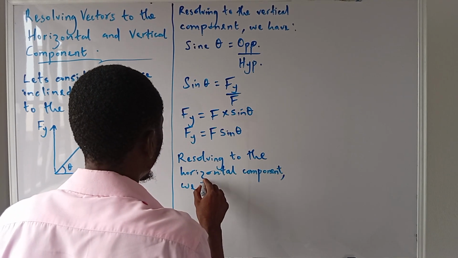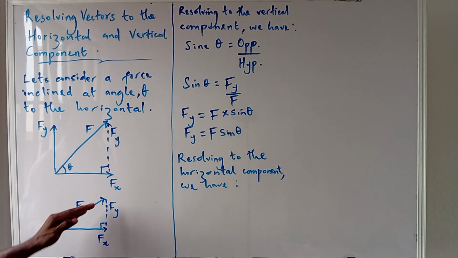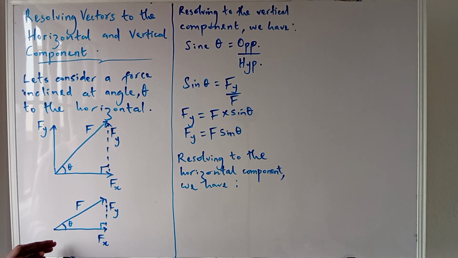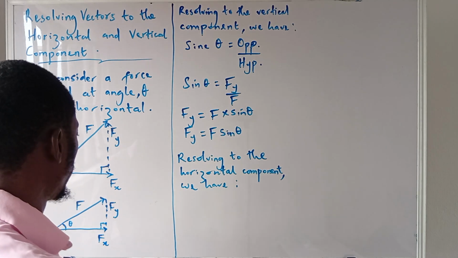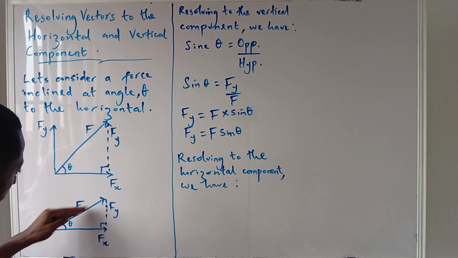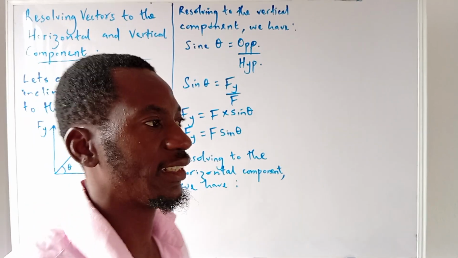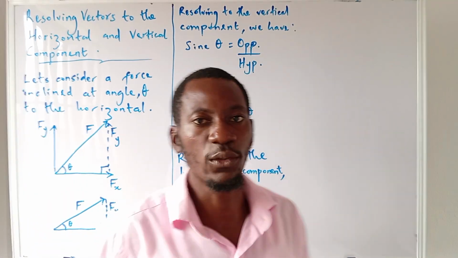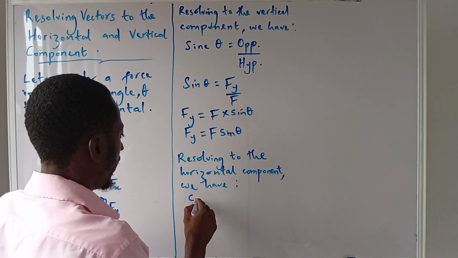We have the force given already, and this is the horizontal component, our target, and we have theta, which is the angle. This is the adjacent of the triangle, and this is the hypotenuse. The trigonometric ratio that has the adjacent and the hypotenuse is the cosine. So we are using the cosine ratio to solve this.